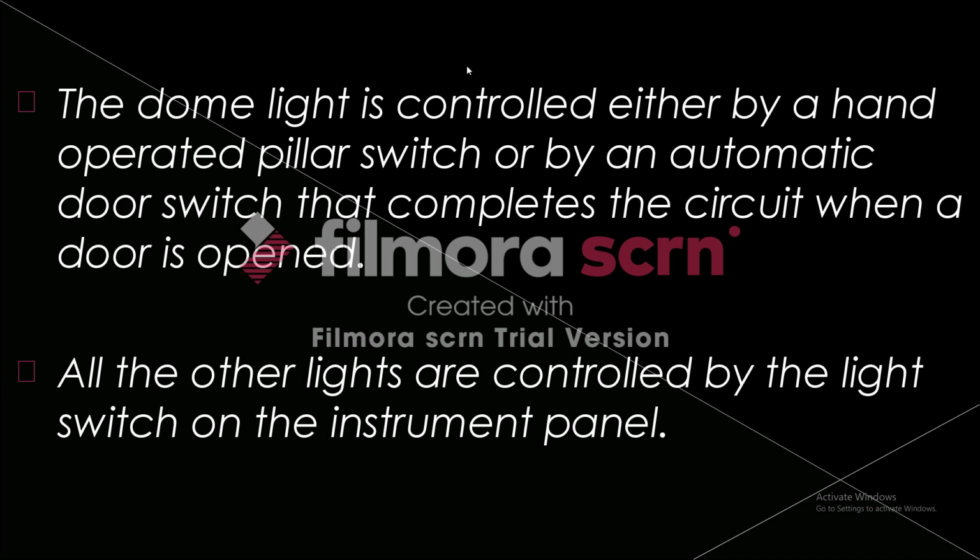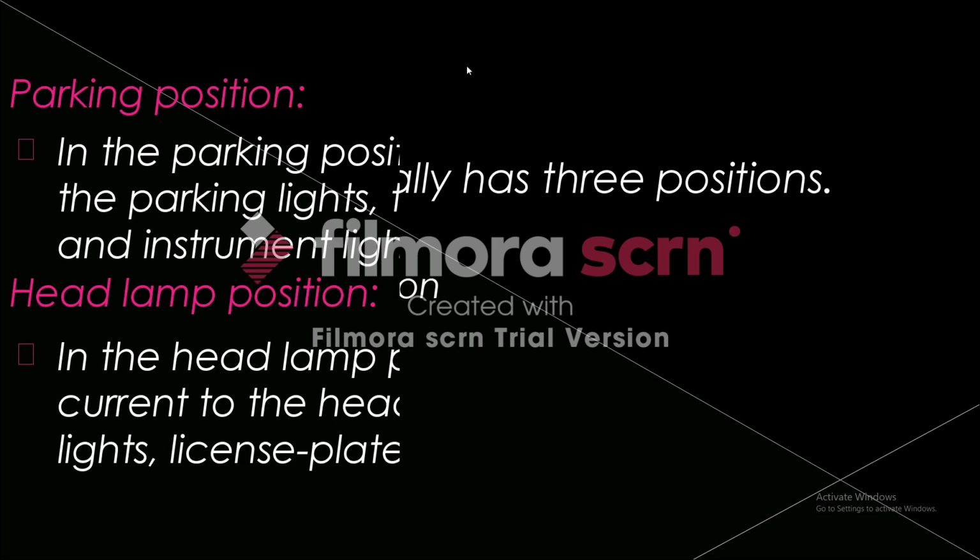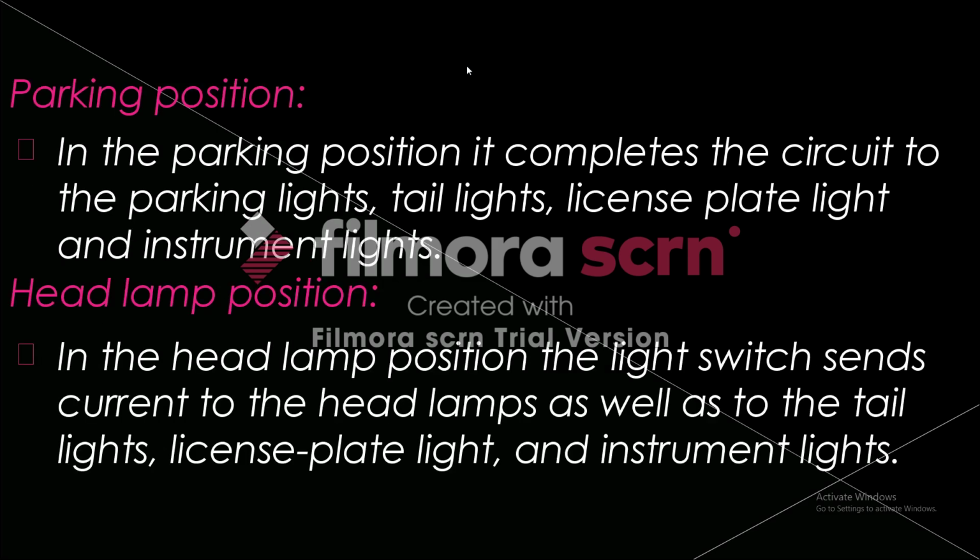All the other lights are controlled by the light switch on the instrument panel. This switch generally has three positions: parking position, headlamp position, off position. Parking position.